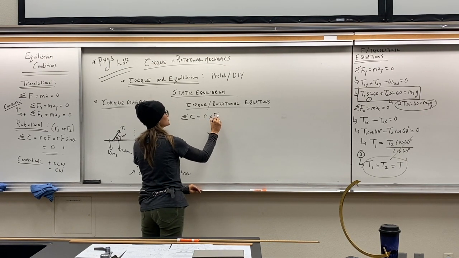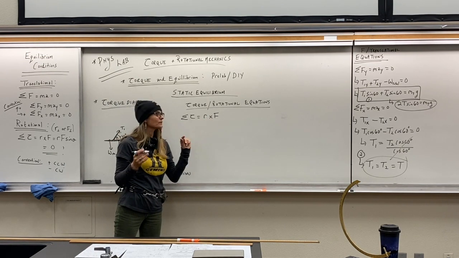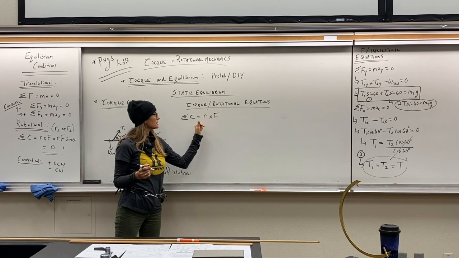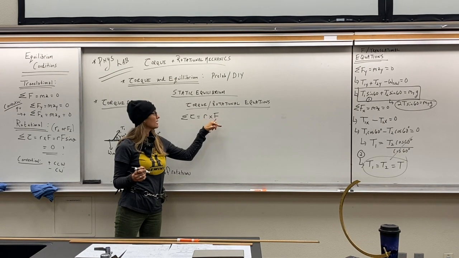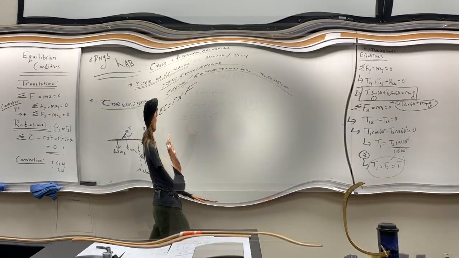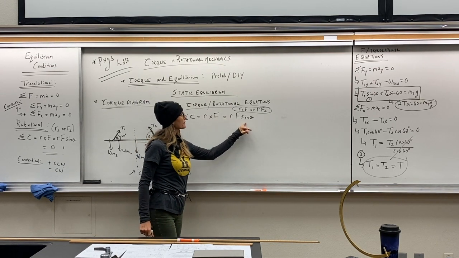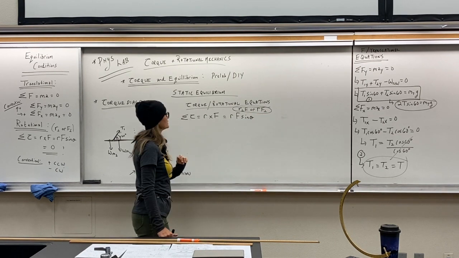cross F. I like to do vector cross products to get them exact, but you have all these other methods to use, your lever arm method, etc. But the idea is you take the perpendicular component of its distance from the axis of rotation and times it by your force, or you take the perpendicular component of force and multiply by R, or the way we can define our torque, R cross F, RF sine theta, R perpendicular F, or RF perpendicular.